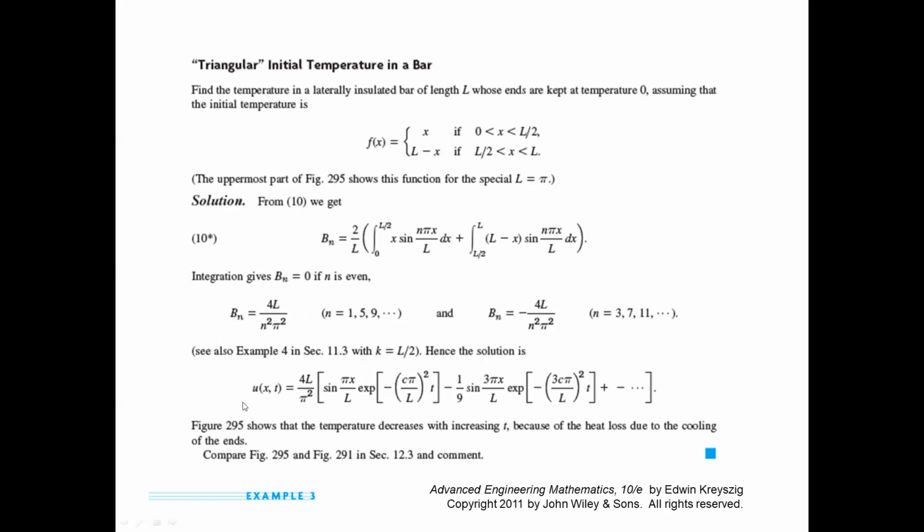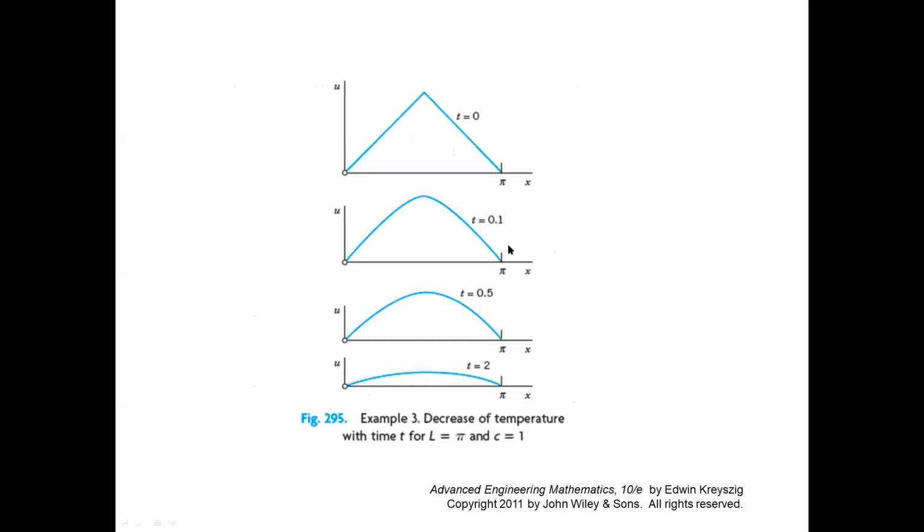And if we look at this solution, if you can use any software, please. If you have MATLAB, if you have Mathematica, by all means, please use the software to sketch it. You can tell this figure represents the initial temperature profile.